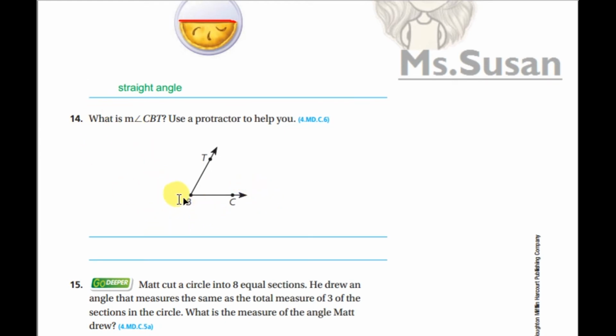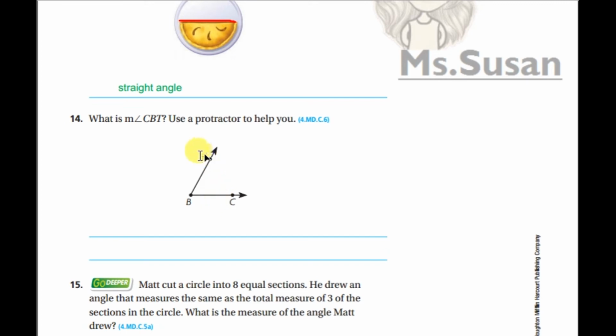We have first to adjust the protractor, to put the center of the protractor on the angle and to adjust the 0 degree on the line down. Okay, so the 0 degree should be on C and the center of the protractor should be on B. Then now read the inner line, because the 0 is in the inner line here of the protractor.